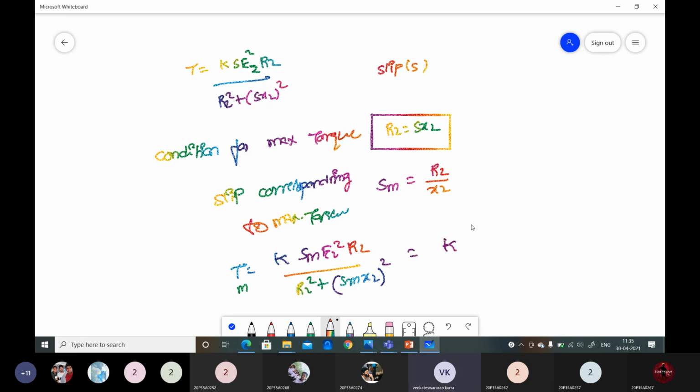K into Sm value R2 by X2, E2 square, R2 by R2 square plus (R2 by X2) whole square into X2.